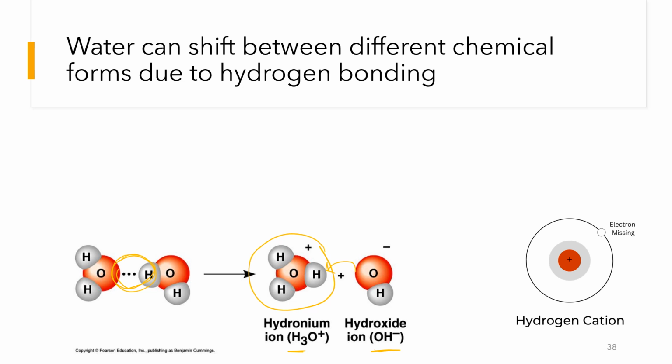As a result, these two structures have a real charge to them. They are no longer neutral. Hydronium is positive and hydroxide is negative.